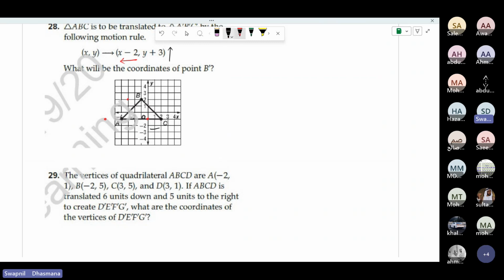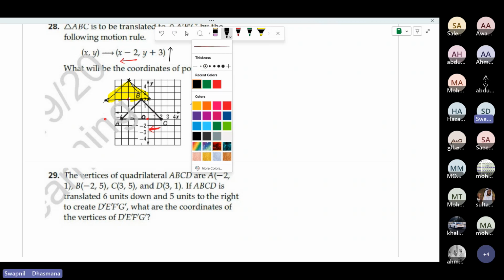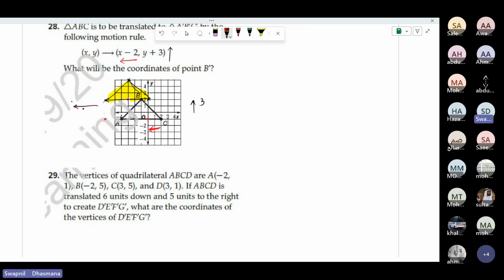So this is 1 minute. This is left. And now it goes up: 1, 2, 3, 1, 2, 3, 1, 2, 3. So this triangle will be here. So there were two parts of it: left 2, up 3.